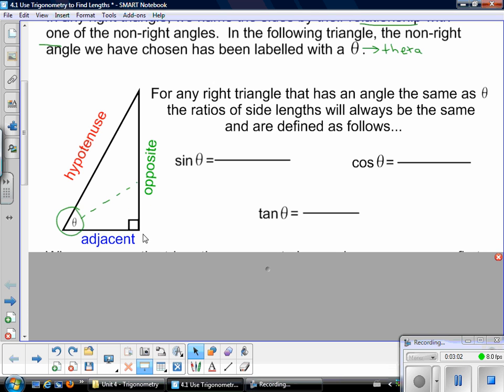To be perfectly honest with you, as soon as I see the theta I'm concerned about, I go and find the right angle, draw a line straight across, and put H for hypotenuse.